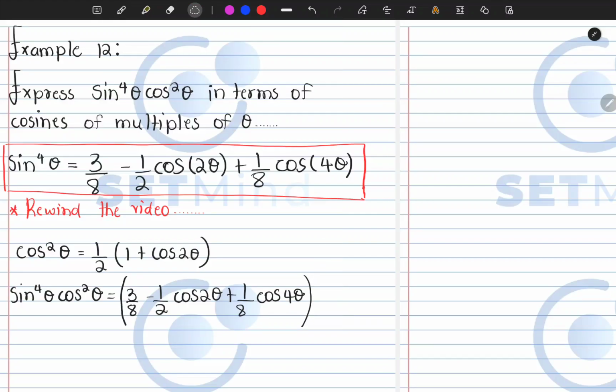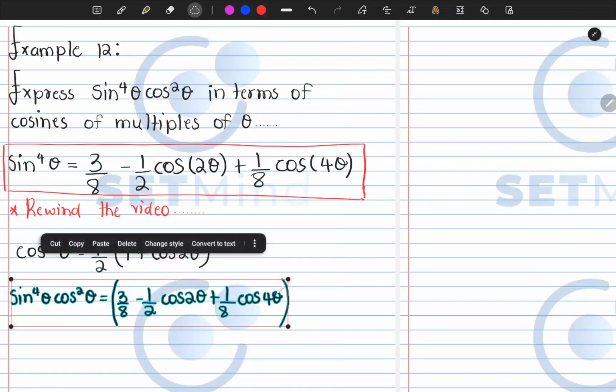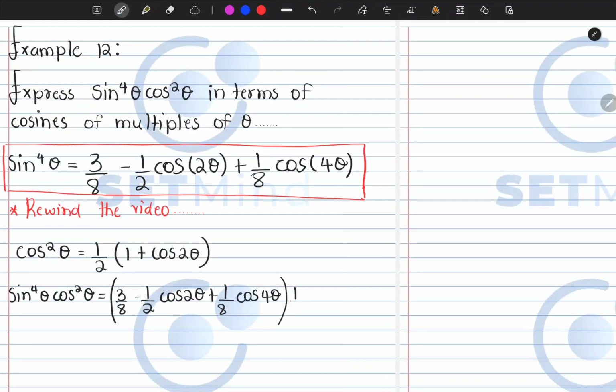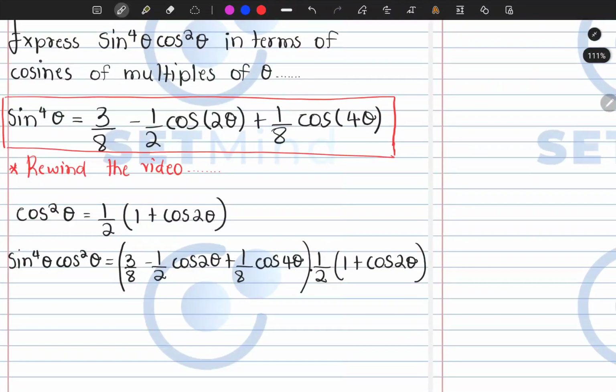And this is getting multiplied by what we have as our cos squared theta, which we did take time before to prove what it is. So this will be a half plus a half of cos 2 theta, like this.